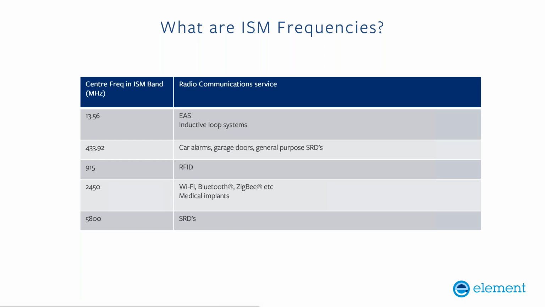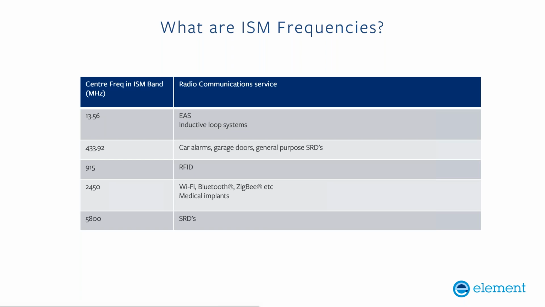So they're used as a security type device. We also have inductive loop systems, whether for generic use or relatively low frequency communication techniques as well. So those are a couple of examples that use the 13.56 ISM band.